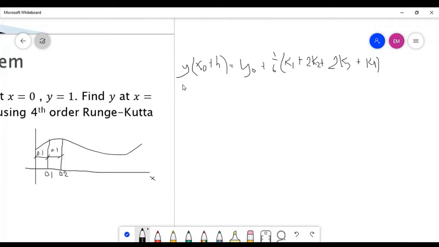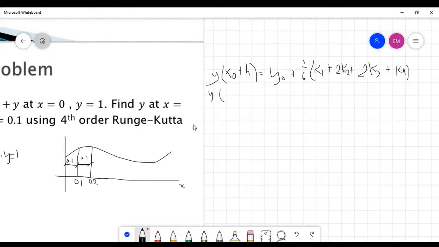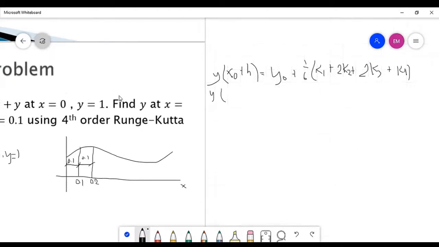Where your x0 is, what is it? x0 plus h.